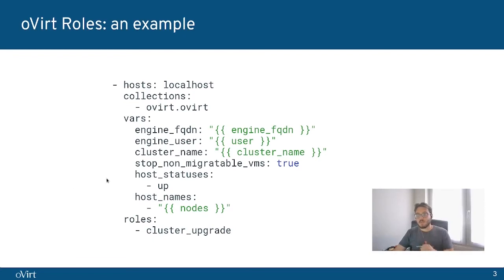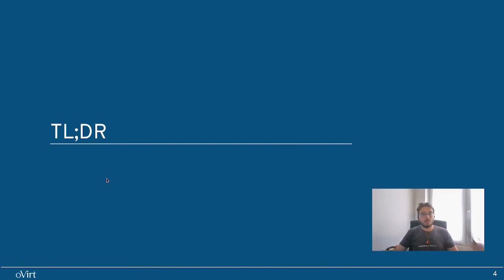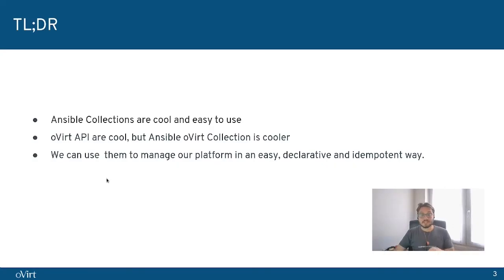So this is what the Ansible Collection lets us do inside oVirt. What did we see in this little talk? We saw that collections are cool and easy to use.